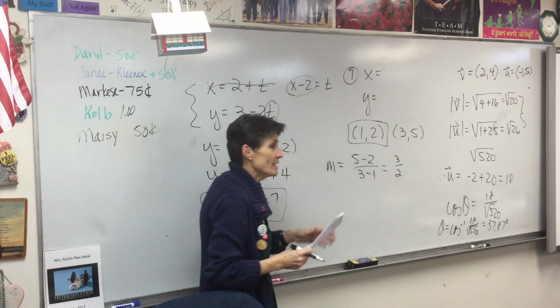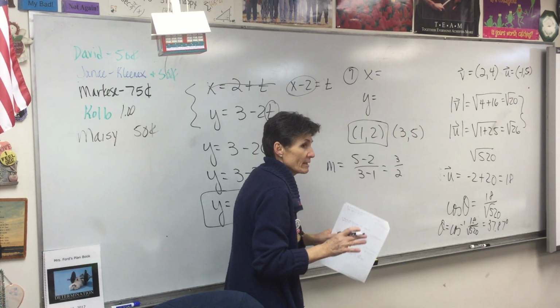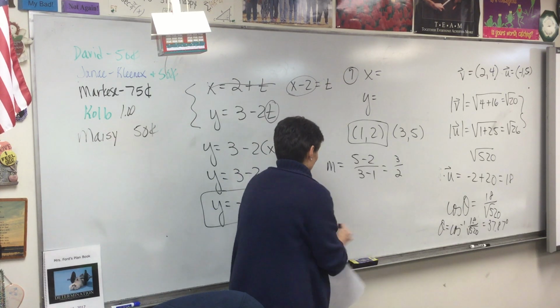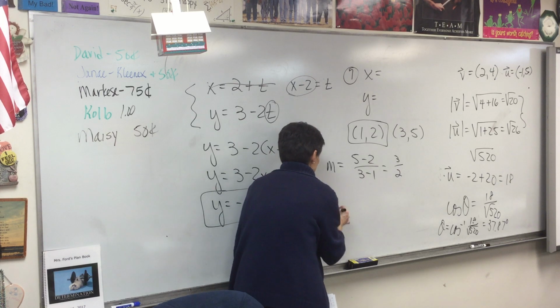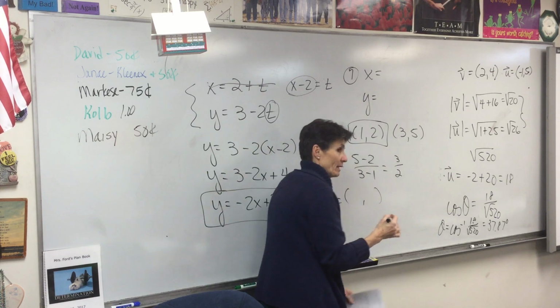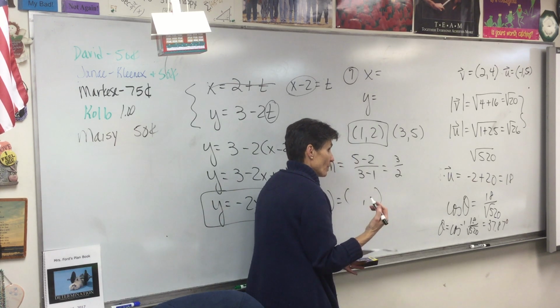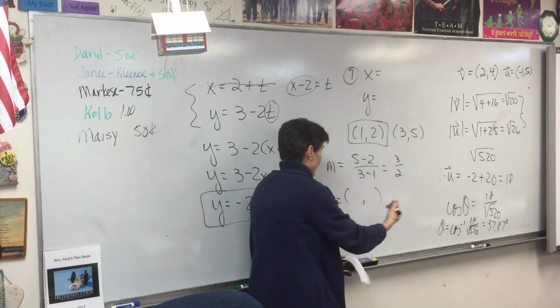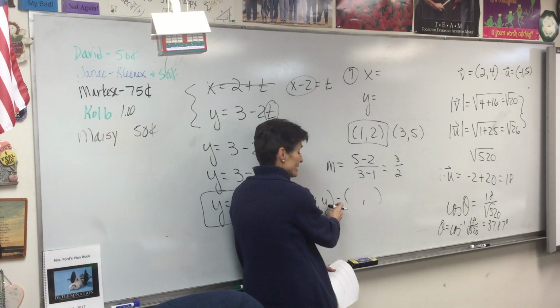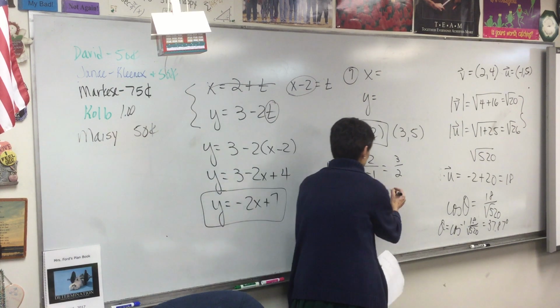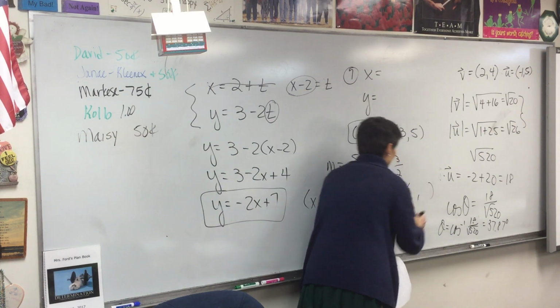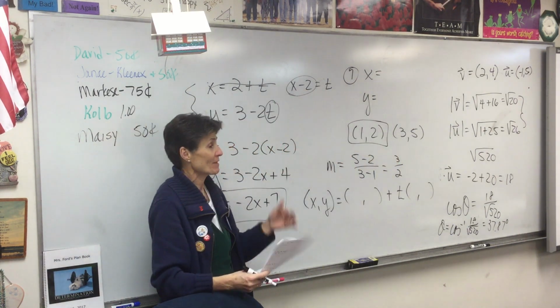Pick a point. And here is the tricky part. The framework. I hate to call it a formula, but it's kind of like a formula. The thing you're going to set up is x, y equals, then you have one parentheses plus t times another parentheses. Remember that from yesterday?